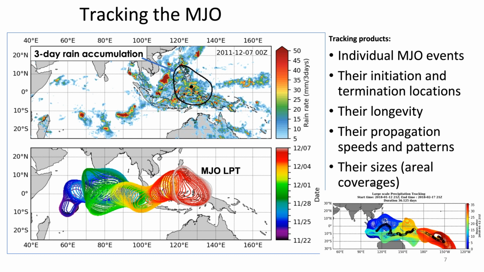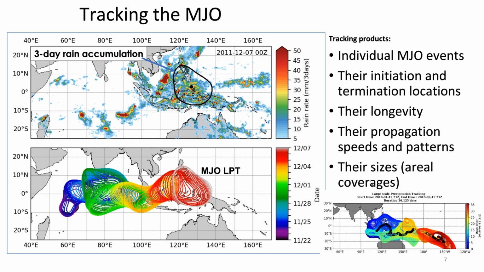You have the range of MGO propagation in the zonal direction, and you can have the scales, the spatial scale that determines how large the areal coverage would be, and the strength, that will be the volumetric rainfall within the tracked area. So those are the products of this tracking method. Next one, please.